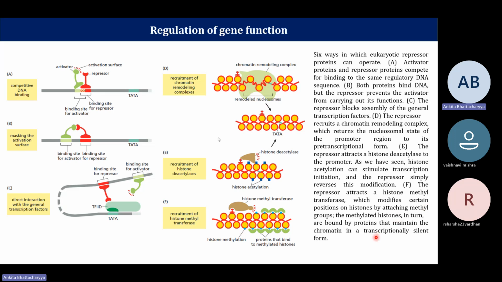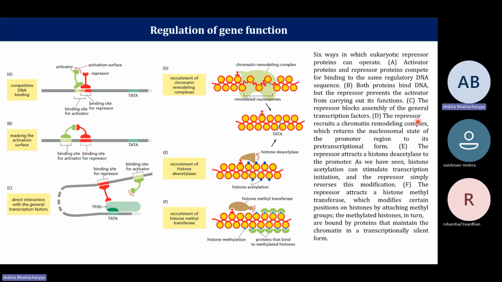So overall, we see here that these are the common ways in which eukaryotic repressors may work. Either there can be competition between enhancer and silencer or repressor. Second, they can bind at their independent sites, but they interact with each other such that the enhancer is not able to do its job and its interaction surface is actually occupied.